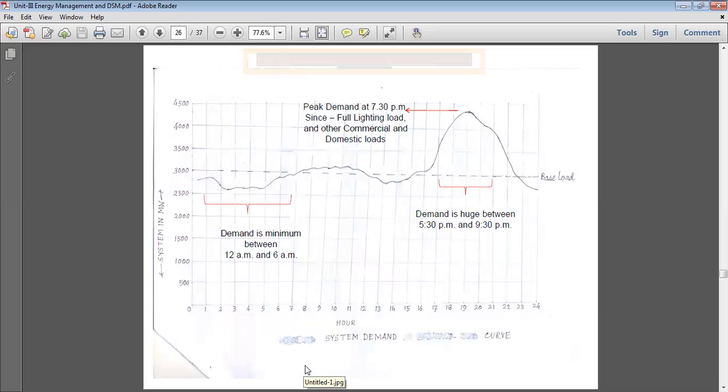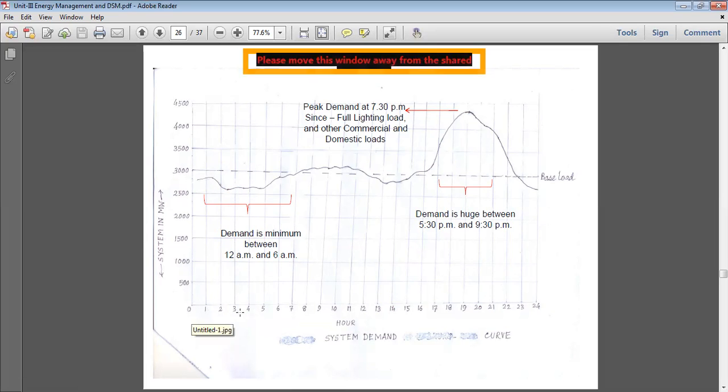Now see, this is one particular demand curve. It is the system load in megawatt, and here it is the hours, 24 hours. It is found that the load is smaller during some time, it becomes somewhat flat, and during that time the load becomes very high.